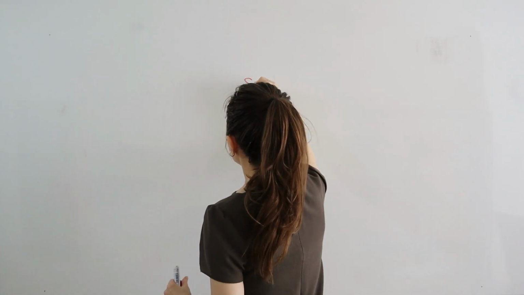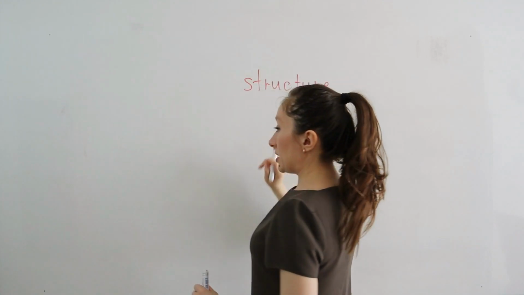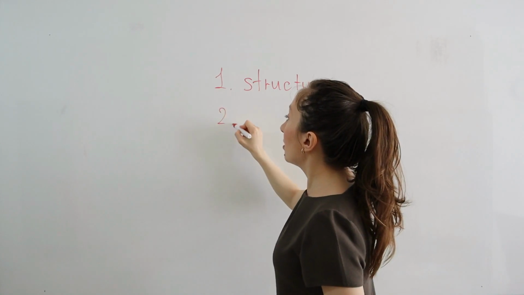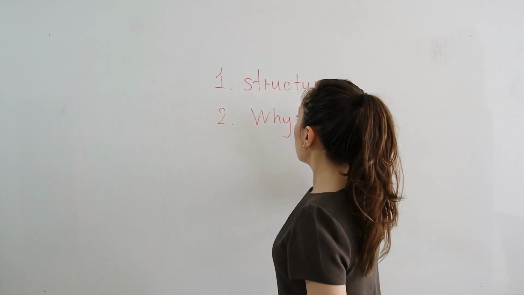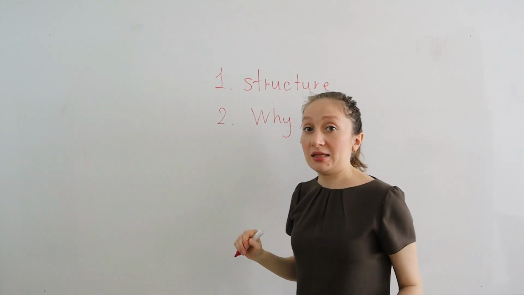Usually when I explain grammar, I always tell my students, you try to know the structure of this grammatical subject, it's number 1, and why or when do we use this tense.